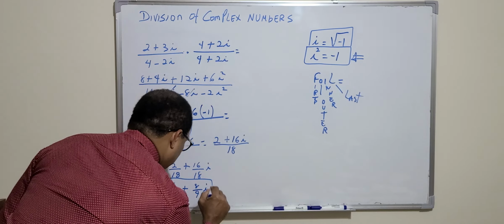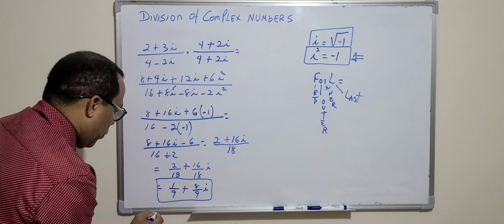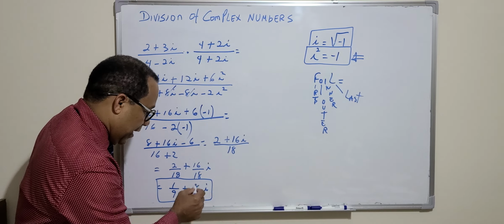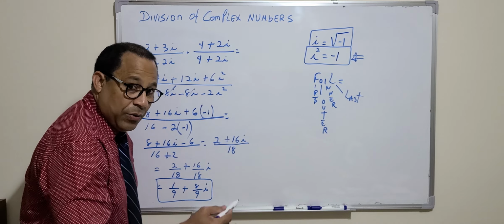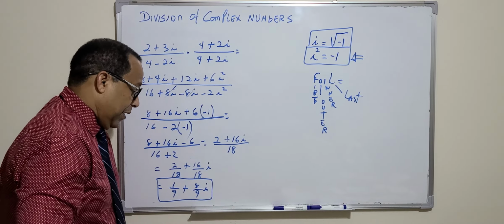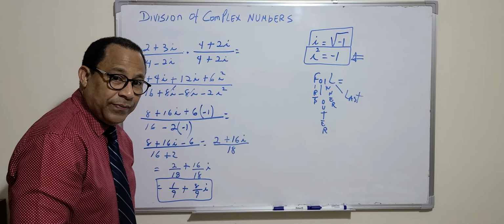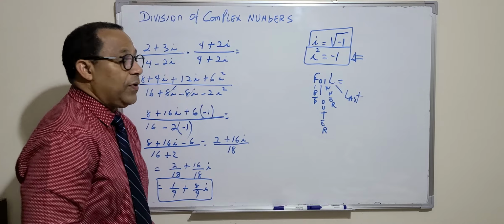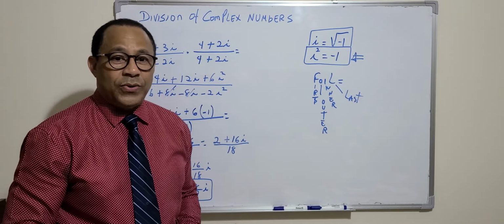And now I got the complex number with the real part and also the imaginary part. Remember, we call it imaginary because it has the i, which defines a complex number. And this is the answer for the division of complex numbers.